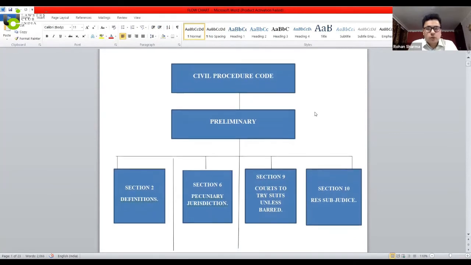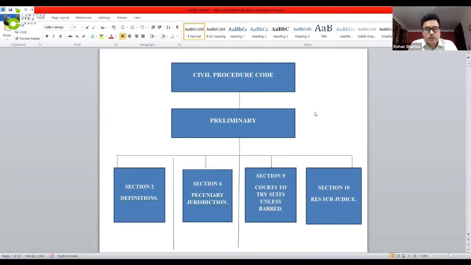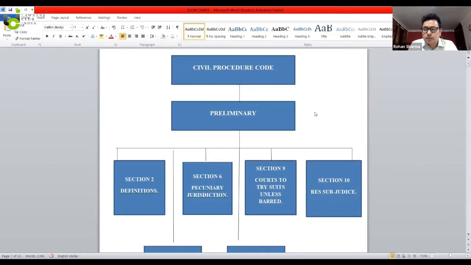So the essential sections which have been outlined in the CPC primarily give you an outline as to what and how your relief may lie, or what is the broad outline of the procedure that you need to follow when you're claiming something or exercising your right to get some relief from the court.